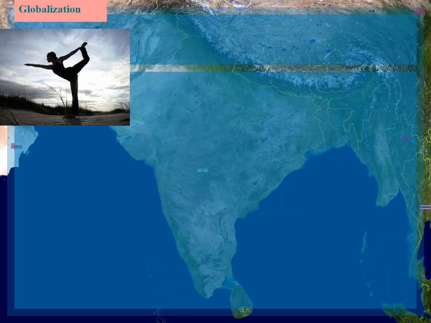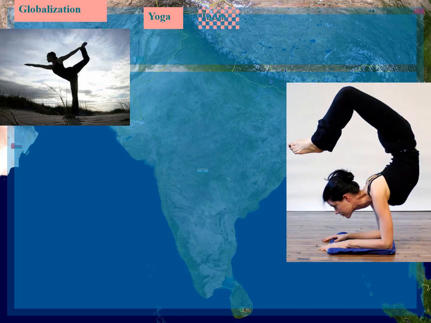India is one of those areas where we see a lot of globalization. So I showed you that image before of scaffolding in New York. It's called Everest scaffolding, right? So these images and ideas from India are making their way out of there and then being adapted and changed as they come into our culture, right? So yoga, the practice of yoga.